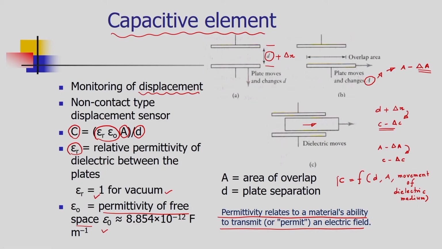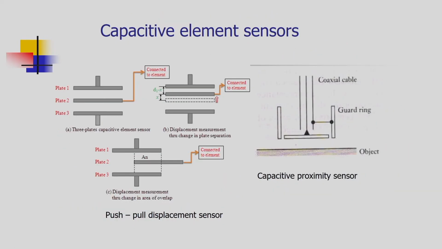So, this change in capacitance is further utilized to get the displacement. Right. So, now you can see how exactly we can use the capacitive element sensor in the practical domain. So, for that purpose we are taking 3 plates, plate number 1, plate number 2 and plate number 3.